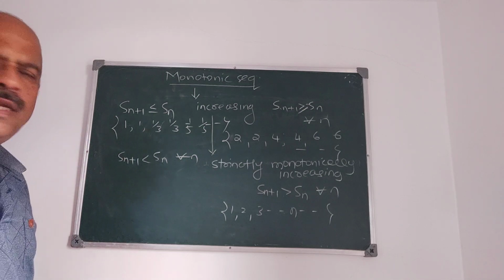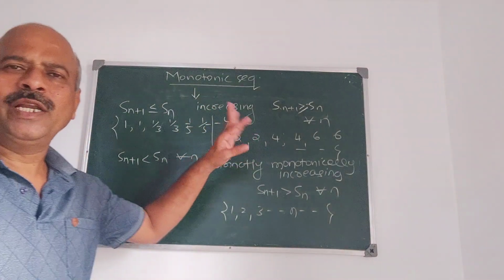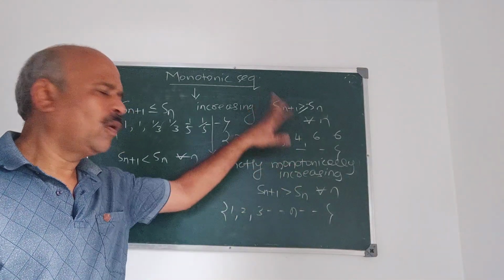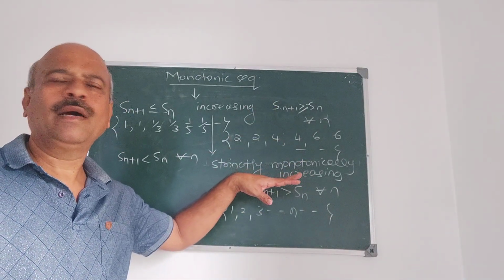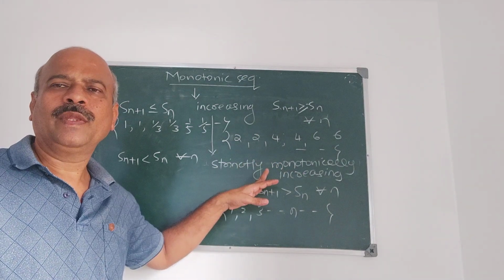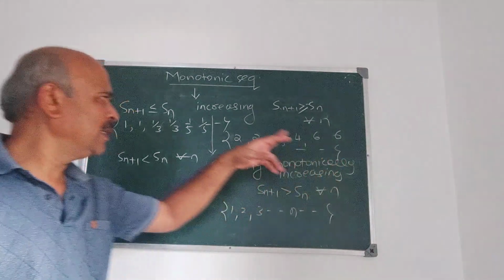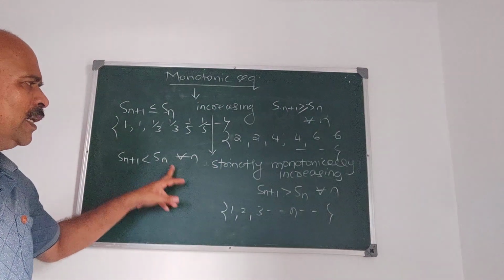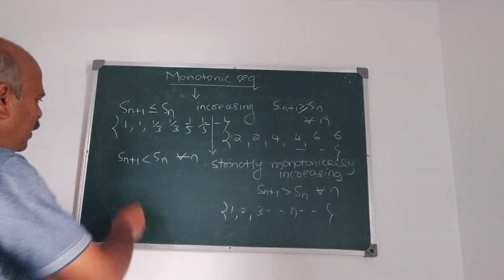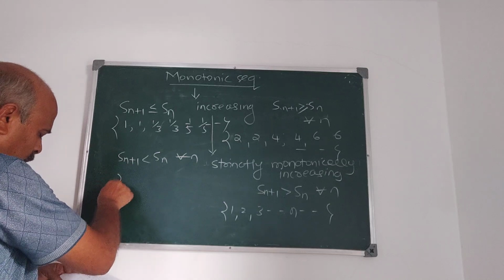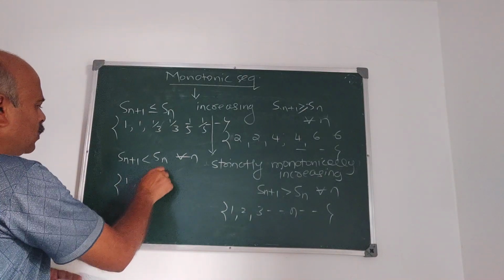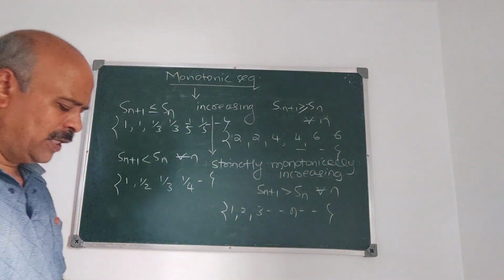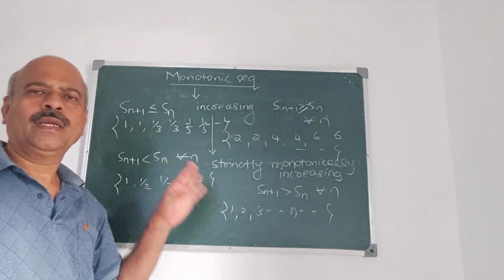Understand, every definition is important. When you proceed further through this topic, all these definitions become very important. What is the example? 1, 1 by 2, 1 by 3, 1 by 4, and so on. It is strictly monotonically decreasing.